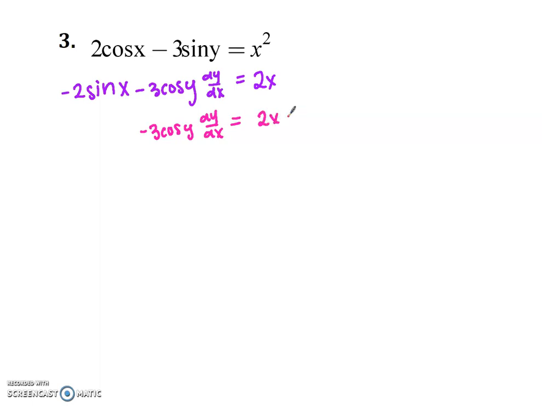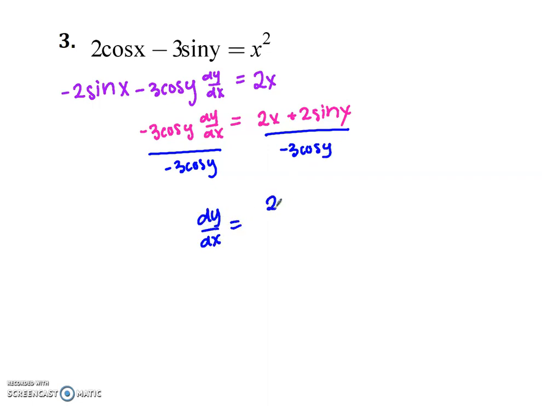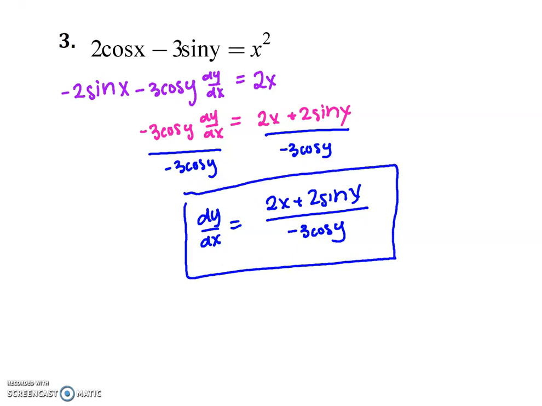So that'll give me 2x plus 2 sine of x. And then my last step is just to divide by what's with the dy/dx. So dy/dx is going to equal 2x plus 2 sine of x over negative 3 cosine of y. Now you could GCF a 2 out of this, but since it won't reduce with the 3, I am just going to leave it like this.